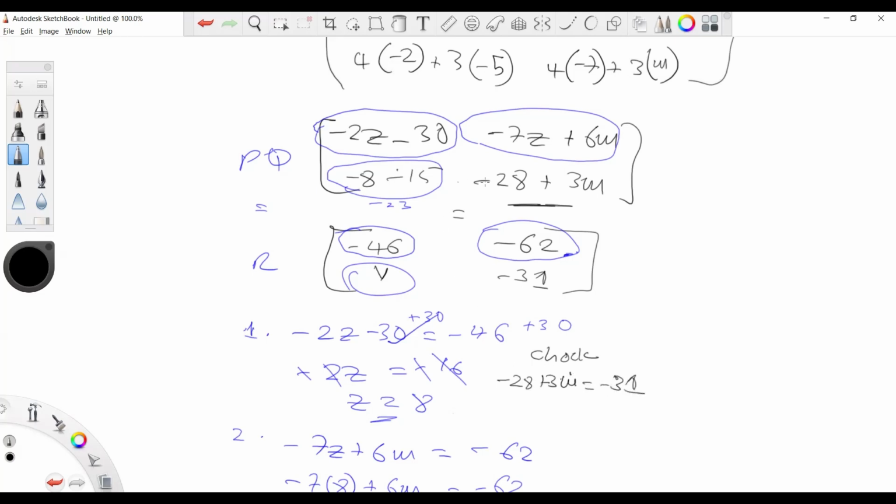It has to be equal because this is the second element of the second row. It has to be equal to the second element of the second row here as well. So -28 plus 3 times -1, which is -3, is equal to -31. So -28 minus 3 is -31, which is equal to -31, which checks out. So it means our equations balance.